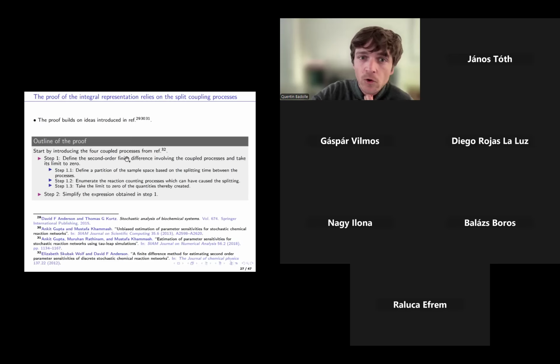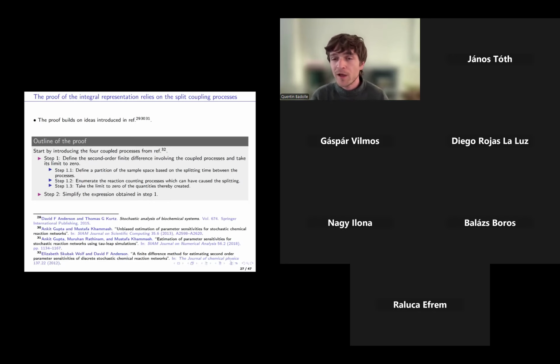So how do we proceed? We introduce four coupled processes from the paper of Elisabeth Wolf and David Anderson, which I mentioned earlier. Through these four coupled processes, we can define the second order finite difference, which we know in the limit will go to the second order sensitivity.